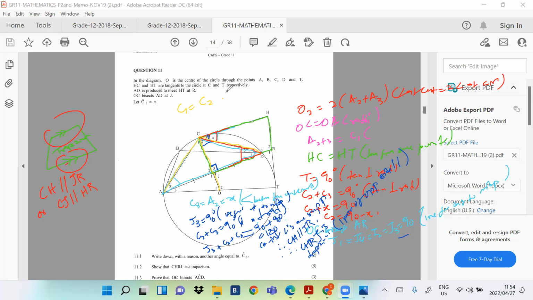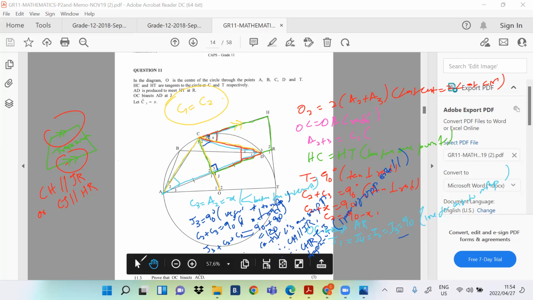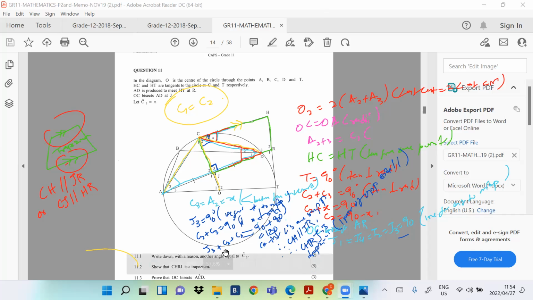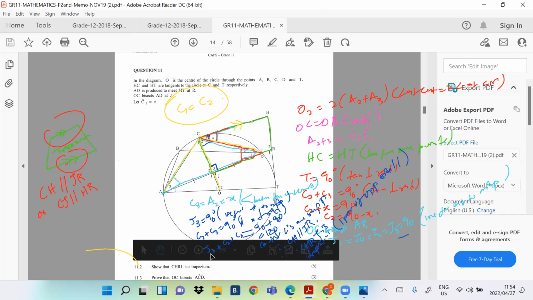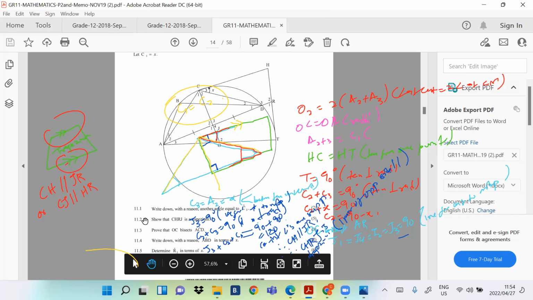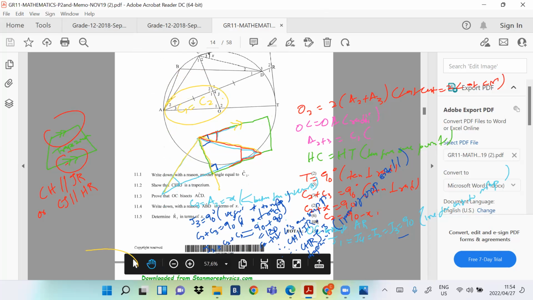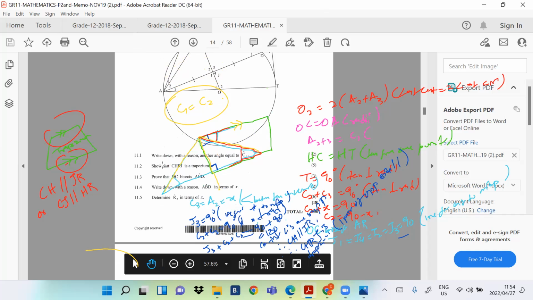If these lines are parallel, what are we checking? We're checking if C1 and C2 will be equal. Remember, at the bottom, we are proving that OC bisects angle ACD.